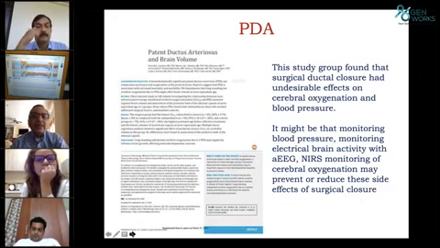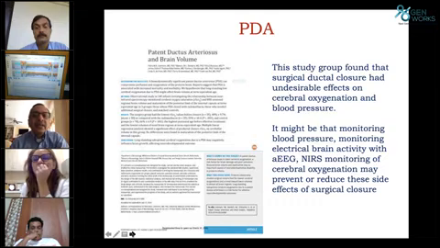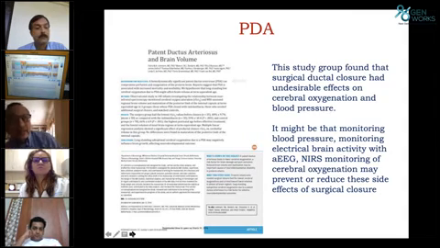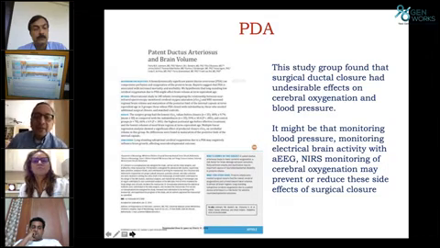Similarly, in a PDA, you can get a good idea about brain perfusion being impacted. This study looked at the impact of surgical ductal closure and the so-called cardiac stun syndrome, or PDA ligation syndrome, where you get acute left ventricular dysfunction and a drop in cardiac output and blood pressure because of a sudden increase in afterload, which can impact brain perfusion, and your aEEG activity gets depressed.